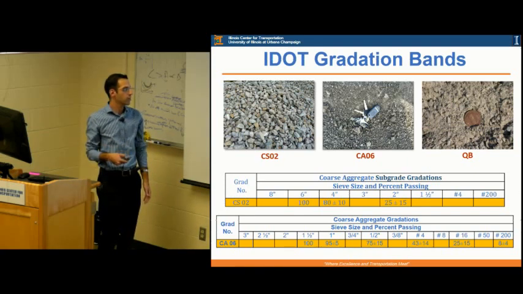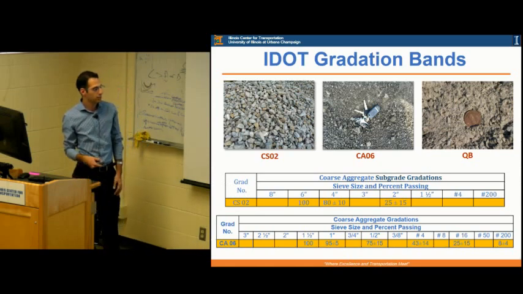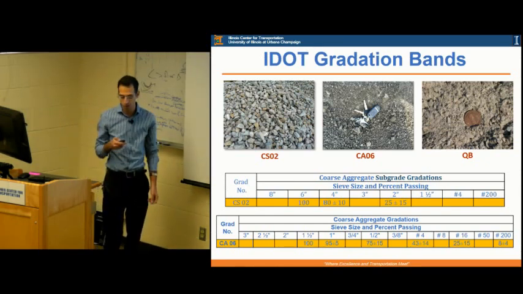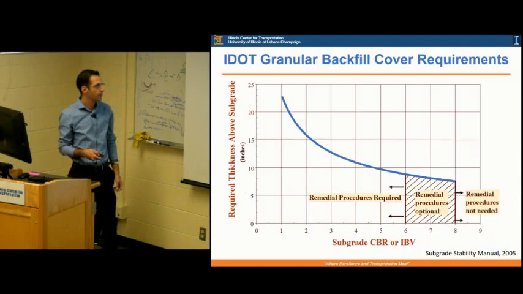CA6 is the regular base material that is used in the state of Illinois. It has a percentage passing number 200 where the maximum permitted is 12%, usually 8 plus or minus 4%. And the quarry byproducts are just the small sand-sized particles.